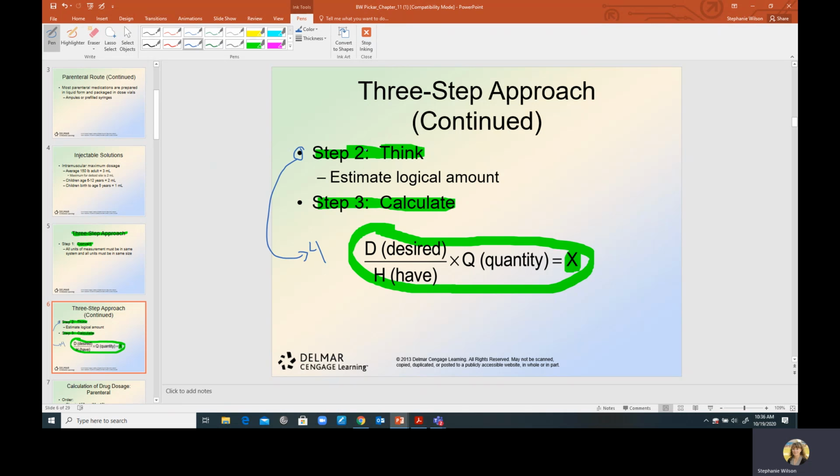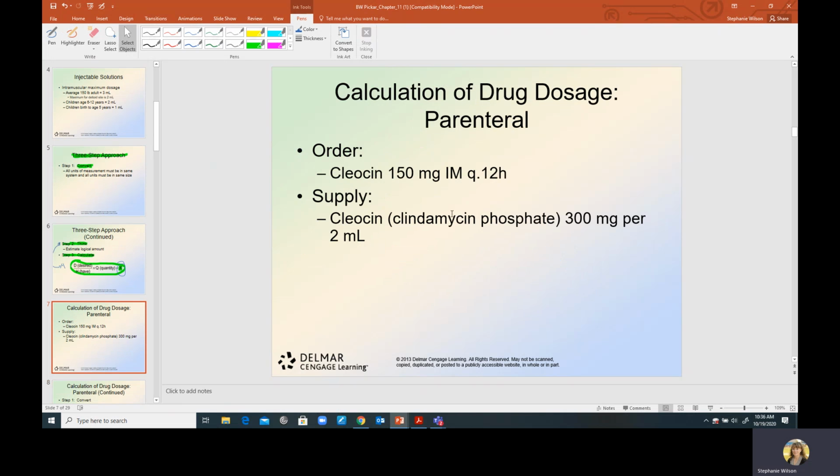Step 4, we're going to think about it. Is my answer correct? Does it make sense? Does it really apply to this patient? Is it too much? Is it safe? There's so much to think about on this question to make sure that we are doing right by our patient.